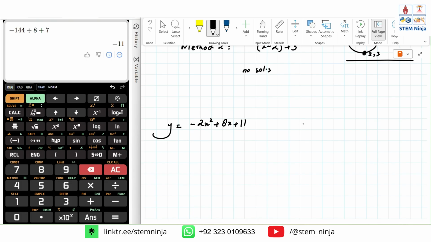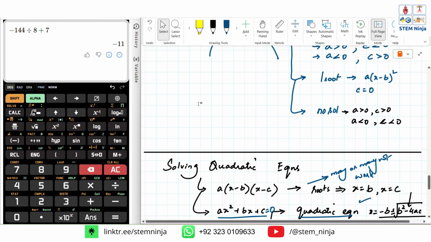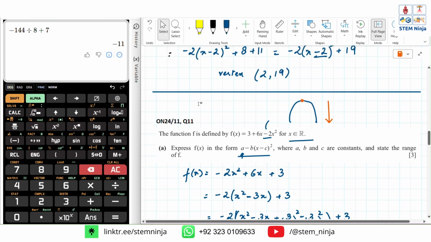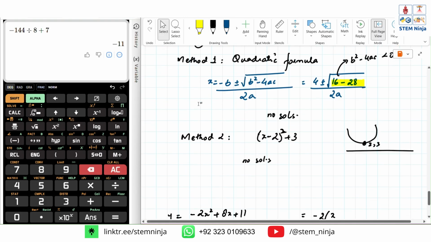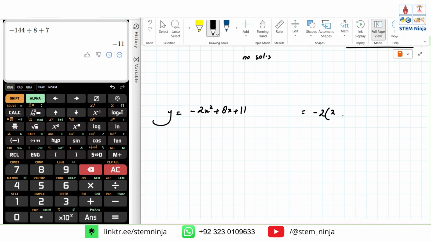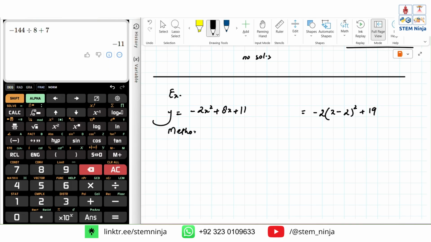And we re-express that as minus 2 times x minus 2 whole squared plus 19. Right, okay. So again, method 1, quadratic formula.